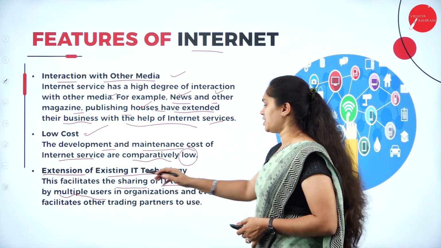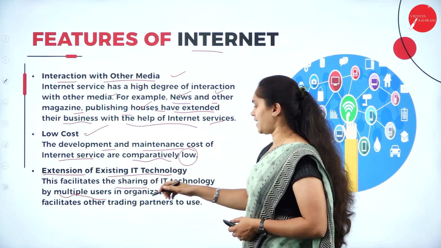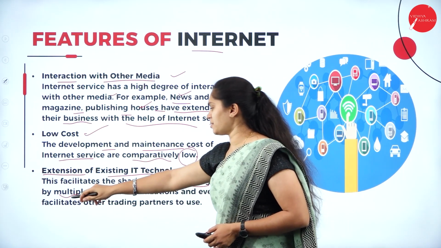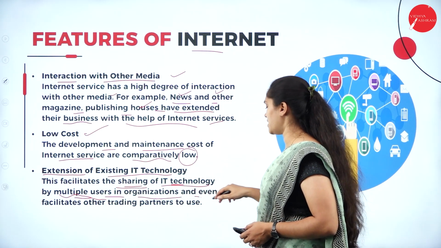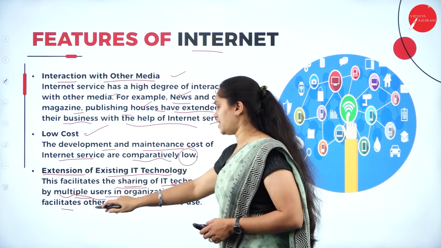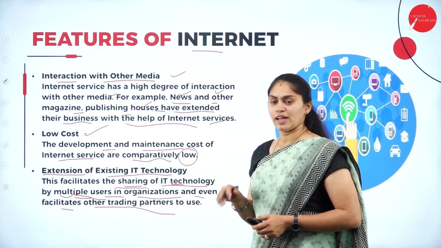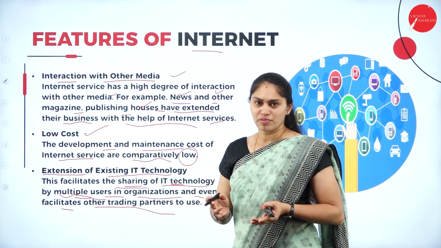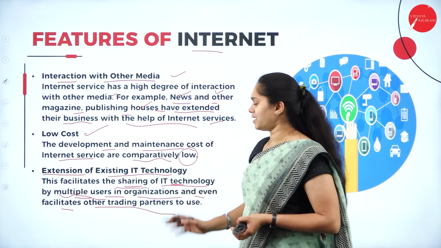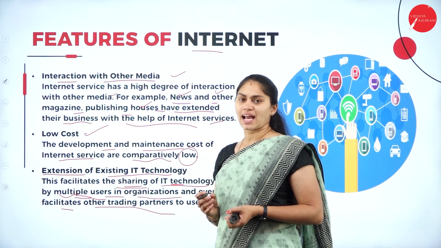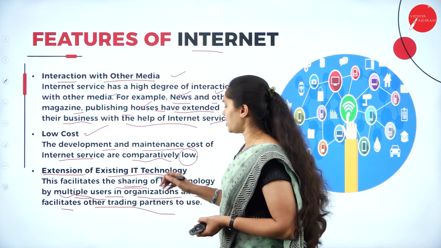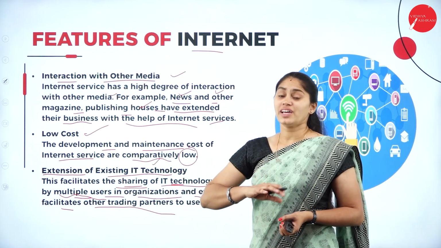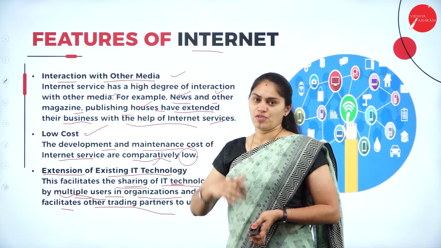It facilitates the sharing of IT technology by multiple users in the organization, and even other trading partners can use it. It gives accessibility to more people at the same time. Simultaneously, multiple users are accessing the same content. That is what extends existing IT technology forward.